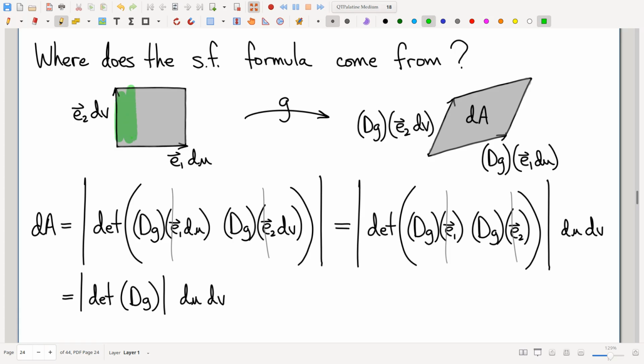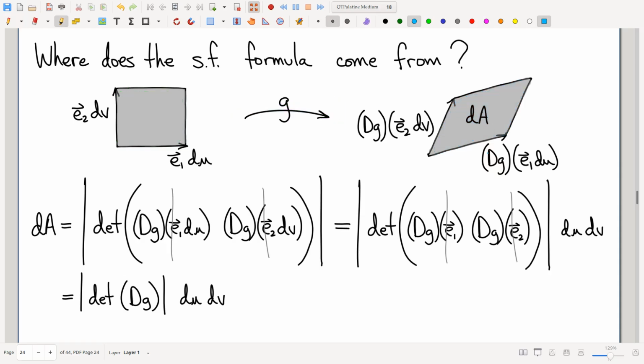Keep in mind the idea is I have some little piece of area on the left that by way of my change of variables function is going to turn into something approximated by a parallelogram on the right, and I just want to know how much the area gets stretched out there. So, a couple observations to make.